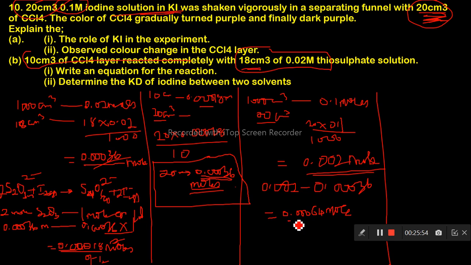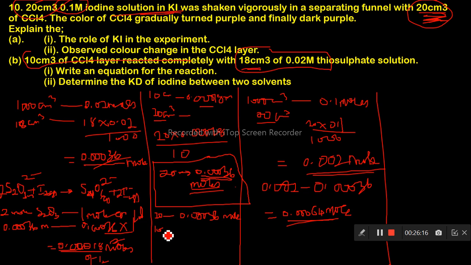Now we have moles. Can't we determine the concentration? Yes, we can. We have moles here. So if 20 contain 0.00036 moles, what is the concentration then?